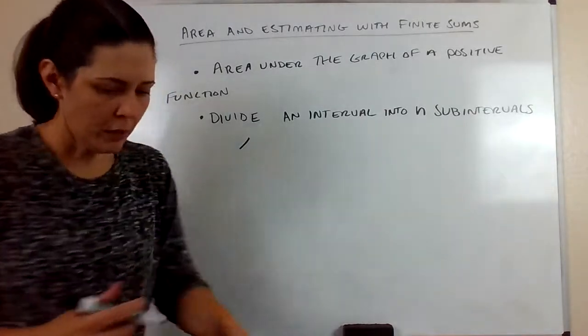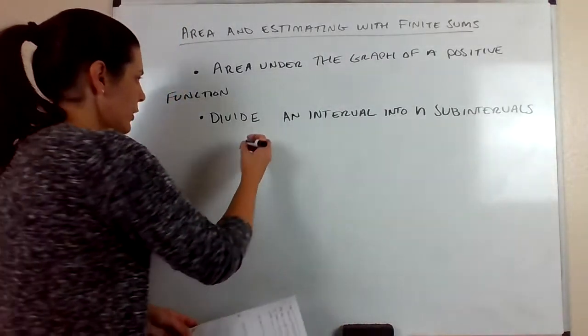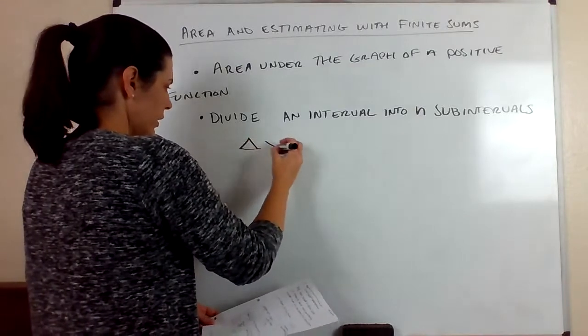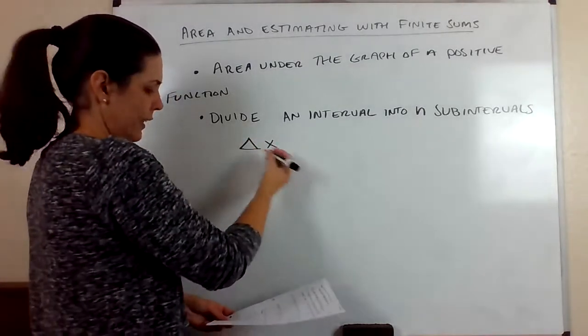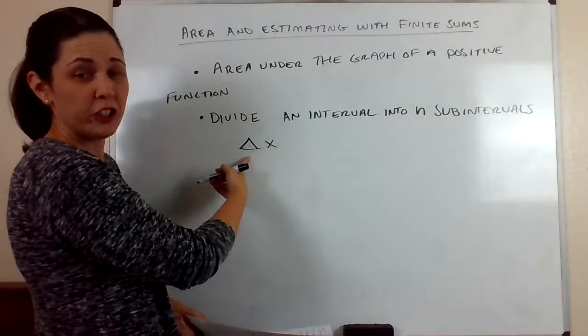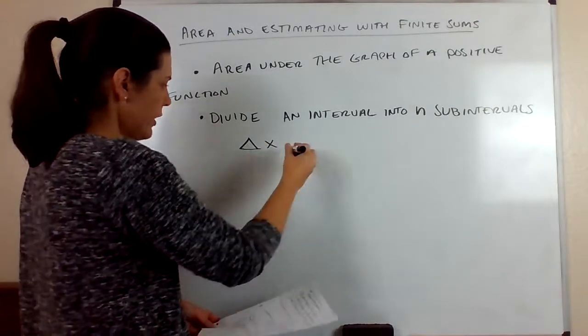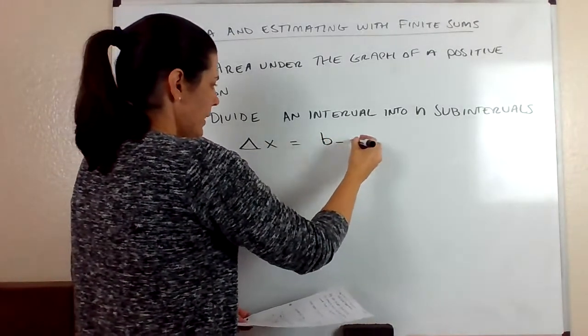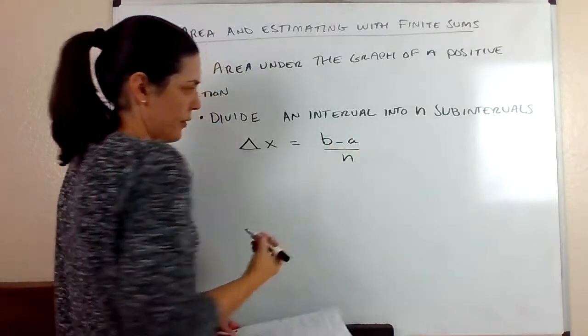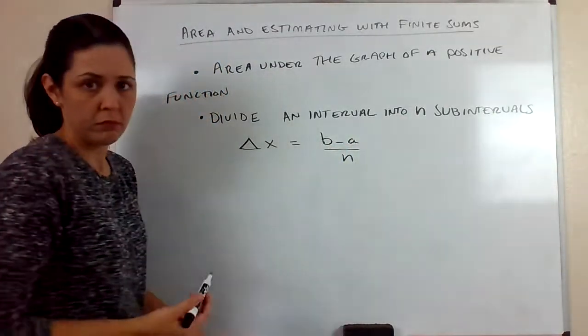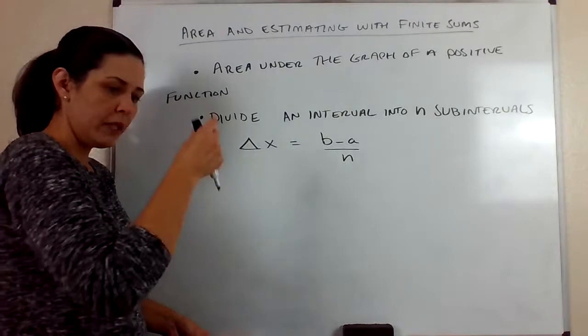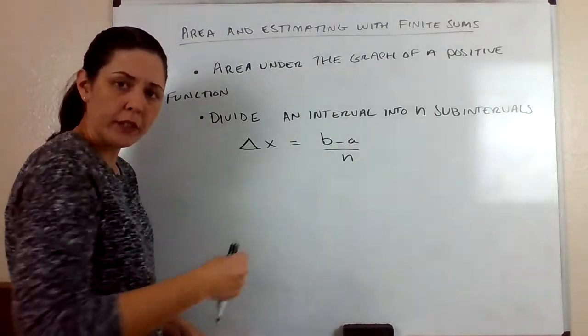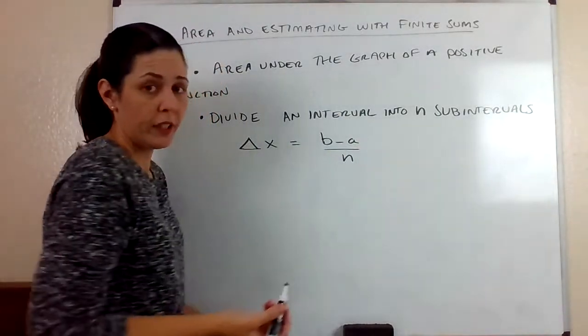And so that whole subinterval idea, the way you figure this out is, the notation, first of all, is delta x. Delta just means change. So this is saying the change in x is going to be b minus a over n. So n is how many subintervals, how many spaces I'm going to cut my region into. It's specifically rectangles.